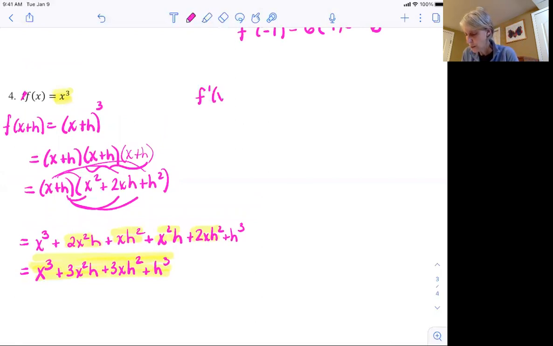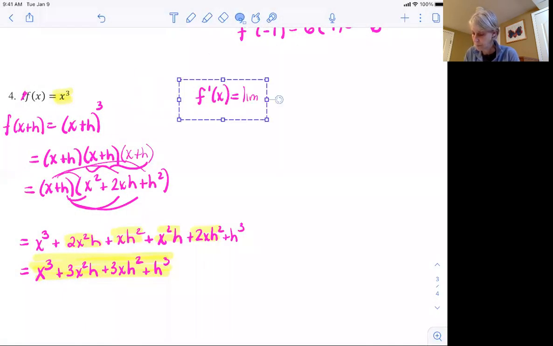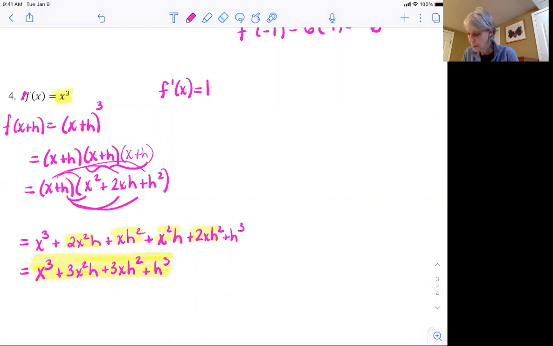f prime of x is going to equal the limit. I already know I'm not going to have enough room. The limit as h approaches 0 of f of x plus h minus f of x over h.